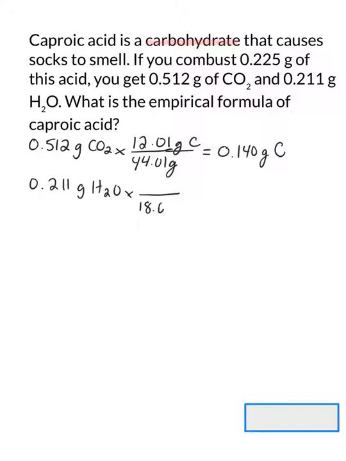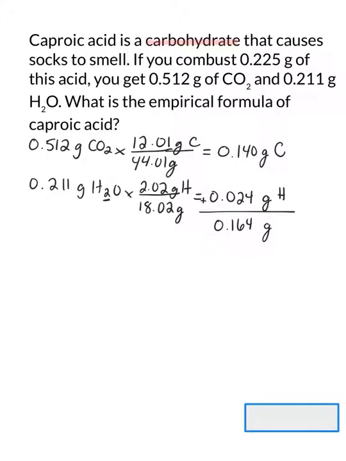For every 18.02 grams of water, I get 2.02 grams of hydrogen. Remember, it's 2.02 because there are 2 moles of hydrogen for every 1 mole of water. Right? So in this particular sample, I've got 0.024 grams of hydrogen.